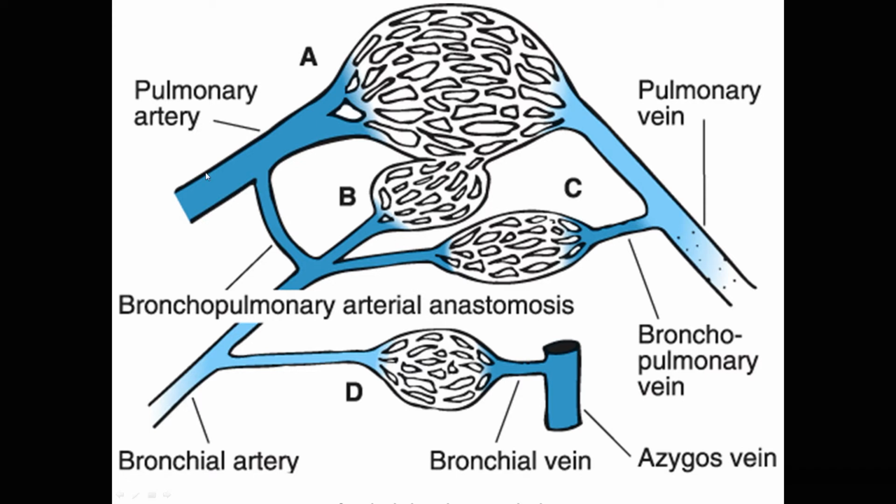Functional circulation includes the pulmonary artery, these are the respiratory units, and the pulmonary vein, while the nutritive circulation includes the bronchial artery. Microcirculatory units are emptying into a bronchial vein and later into the azygous vein. However, some respiratory units close to the functional circulation are emptying in the functional circulation.